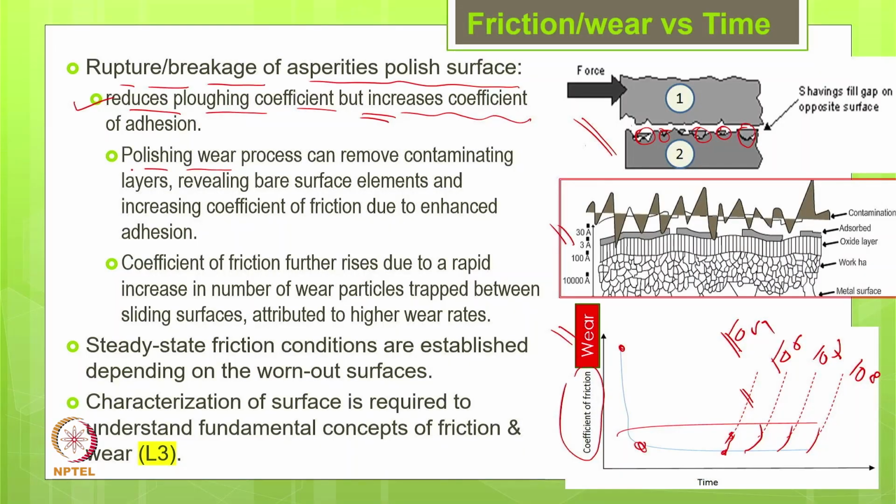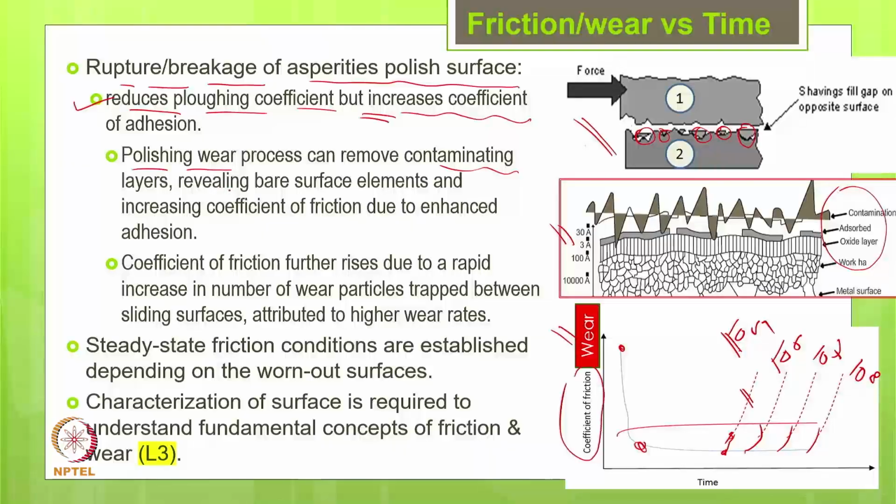Another one is that a polishing wear process can remove the contaminants. When we do polishing, quite possibly the top layers are getting removed, and there may not be sufficient time for other layers to get deposited on this surface. In that situation it will reveal the bare surface, virgin material, which is much more reactive, and quite possibly adhesion happens immediately and the coefficient of friction increases.